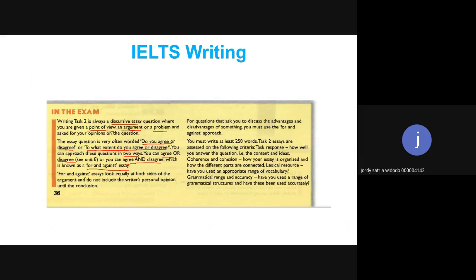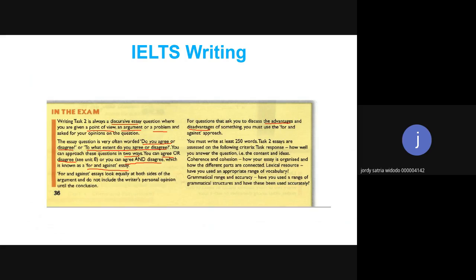You need to be neutral, and you only write down whatever is against and whatever is for the argument. And for a question that asks you to discuss the advantages and disadvantages of something, you must use the for and against approach.